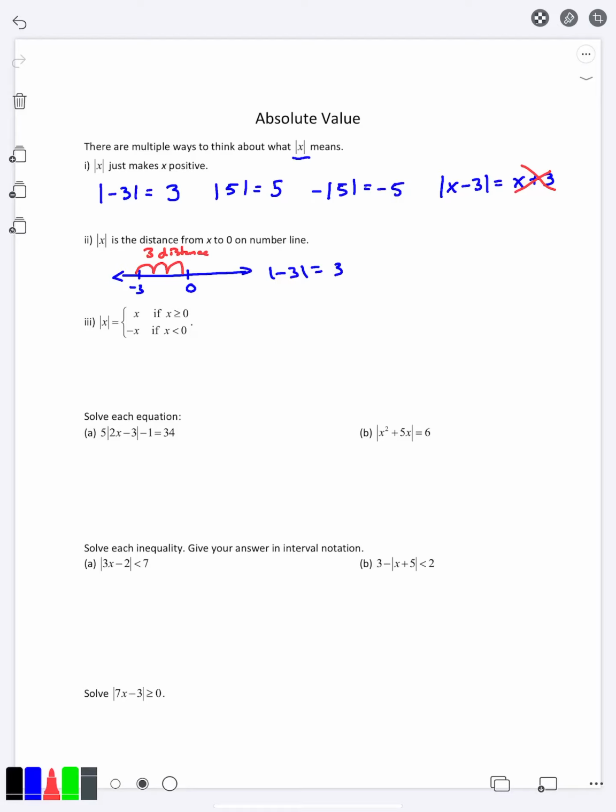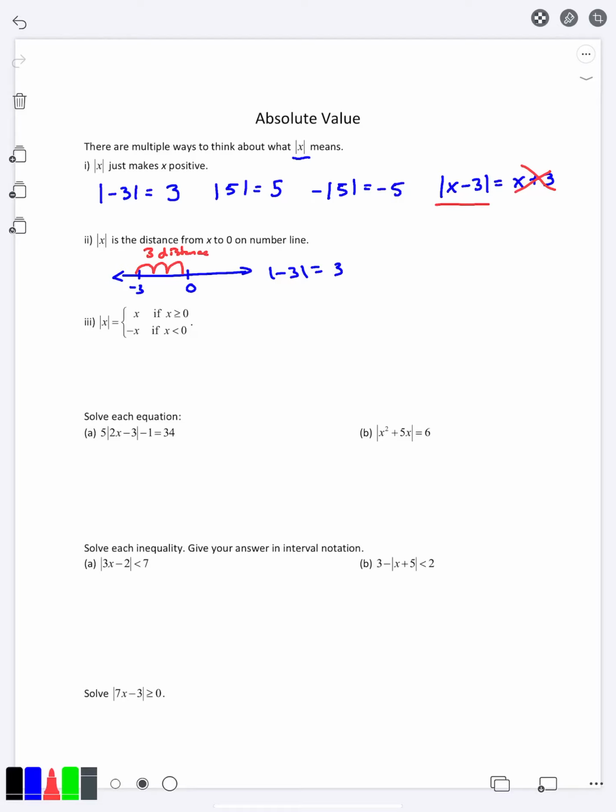This does have some applications for when it'd be useful to think of it this way. However, most of the time you don't want to try to draw a number line, and even worse, how are you going to draw absolute value x minus 3 on the number line if you don't know what x is? So it's also not the best way to look at it.